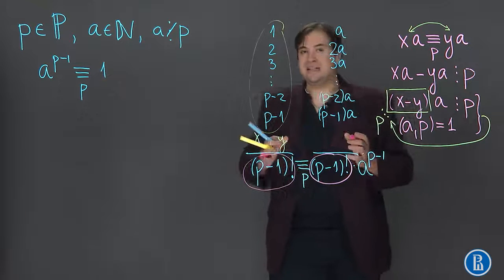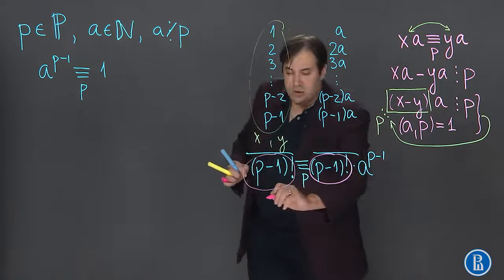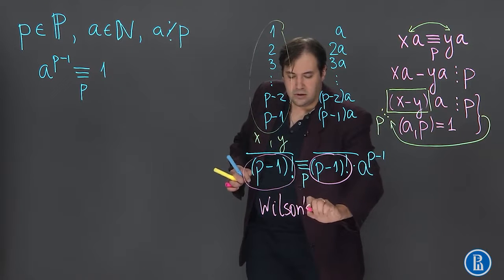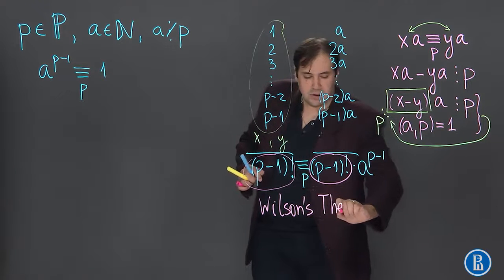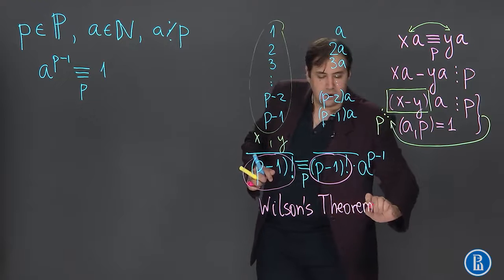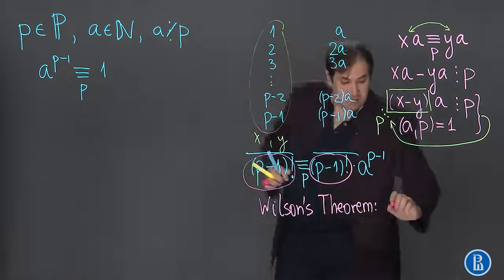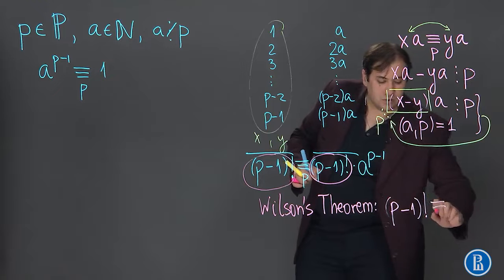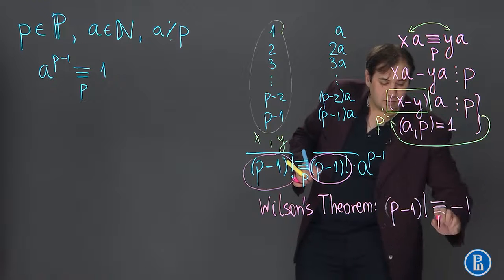We can use Wilson's theorem, because Wilson's theorem states that p minus 1 factorial is congruent to minus 1 modulo p.